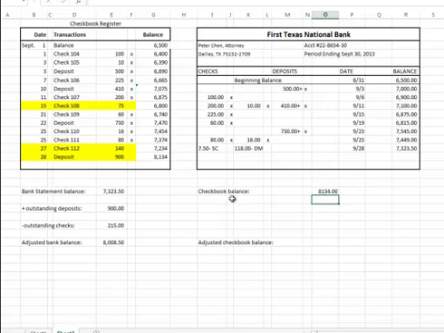The next thing I'm going to do is look over at my bank statement and look at the items that I've got marked off. Are there any items that the bank statement either subtracted from my account or added to my account that I don't have recorded? And I would say there's two items right here.